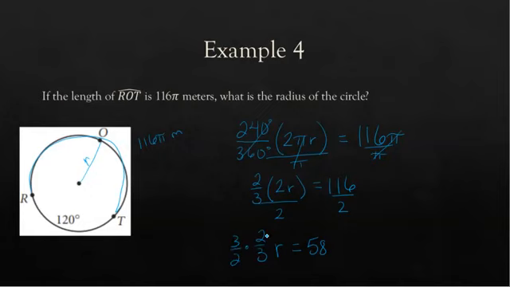So over here, I'll get 1r. So these cancel and I'll just have r. Then I'll multiply this side by 3/2 and I will get 87. And so now I know that r is 87 and I want to give it with units. So I'm going to put 87 meters. And that's it.